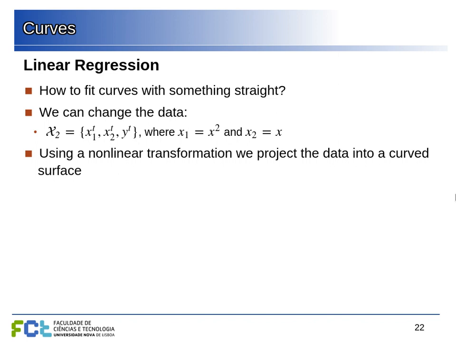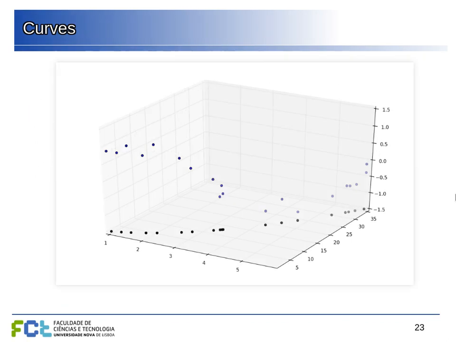Now, if we use this nonlinear transformation, note that x squared is not linear, we project the data now into something that is curved in space. For example, this is not projecting very well, but this is the original x, so this would be x2 now. This is x1, which is the original x squared.